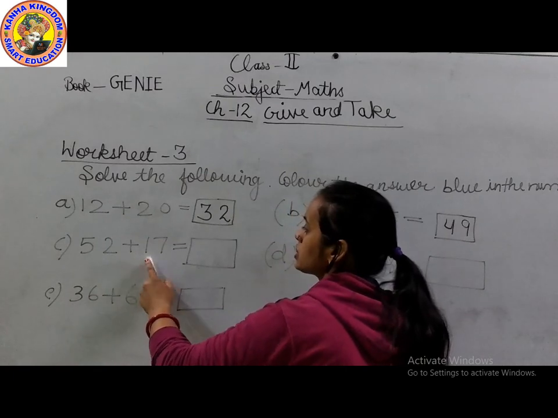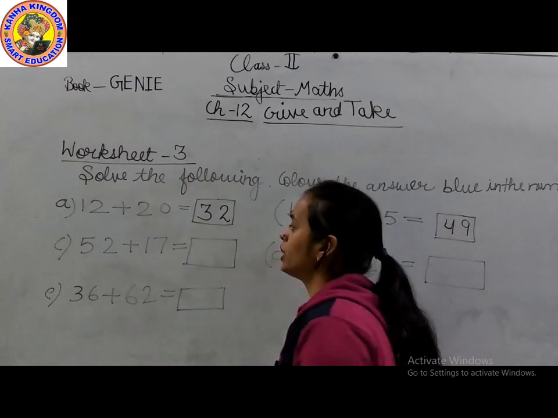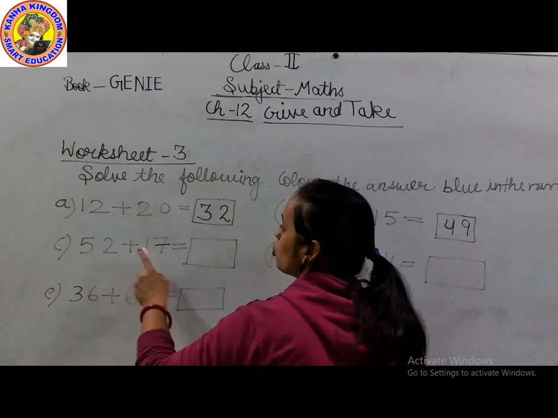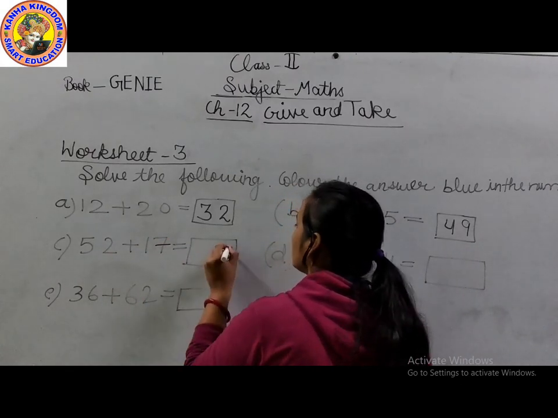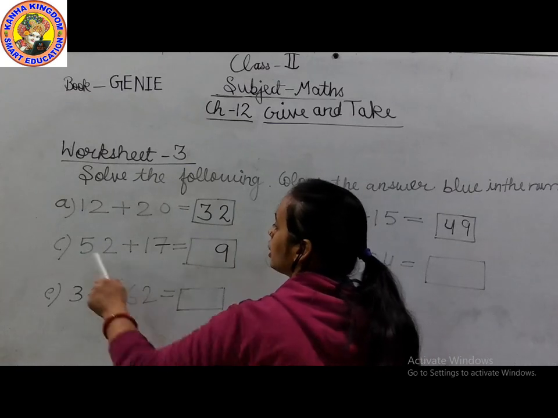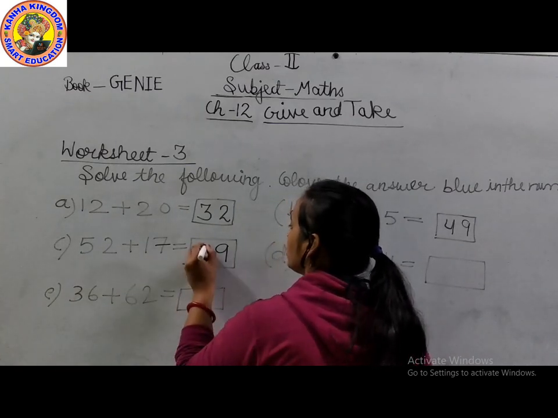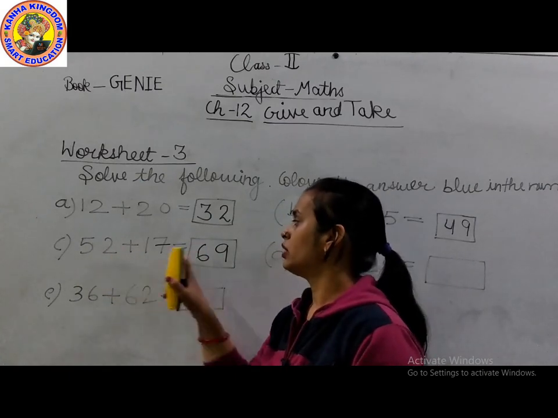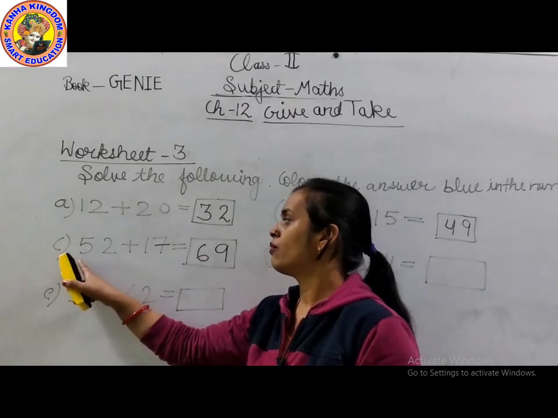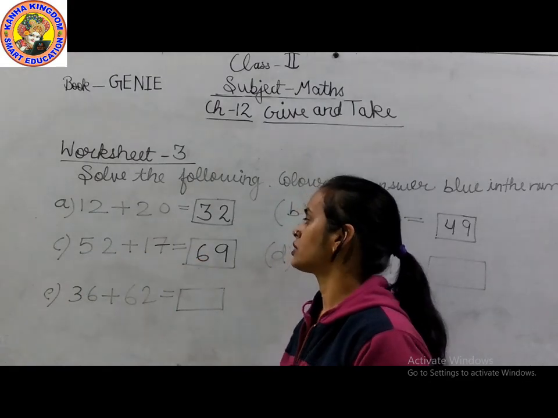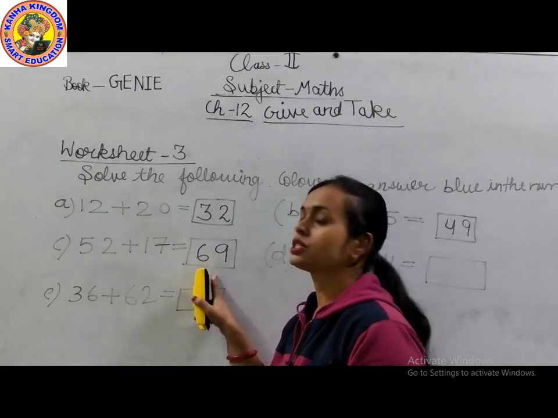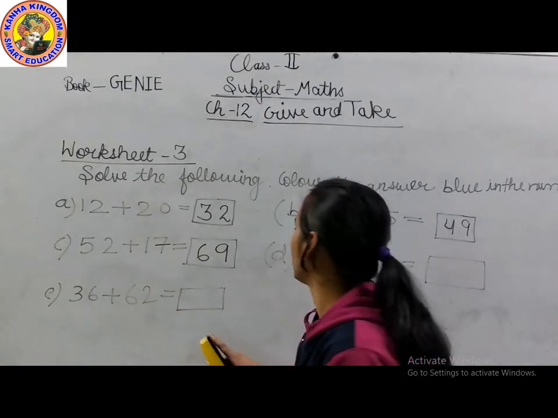Okay. Now next question number C. 52 plus 17. So 2 plus 7, 9. 5 plus 1, 6. So 52 plus 17 equals to 69.